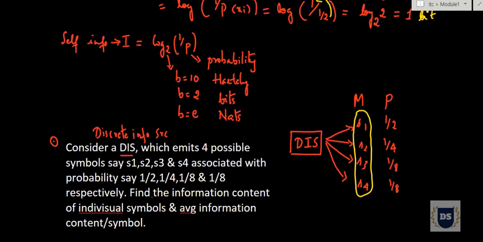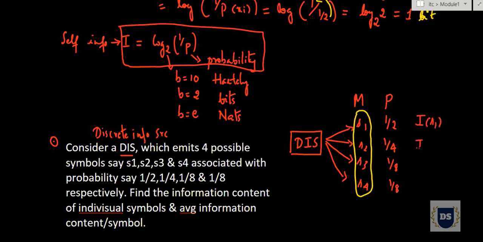Now we have to find the information content of individual symbols. We make use of the formula I and find I of S1, I of S2, I of S3, and I of S4. Finally, we also have to find the average information content per symbol.